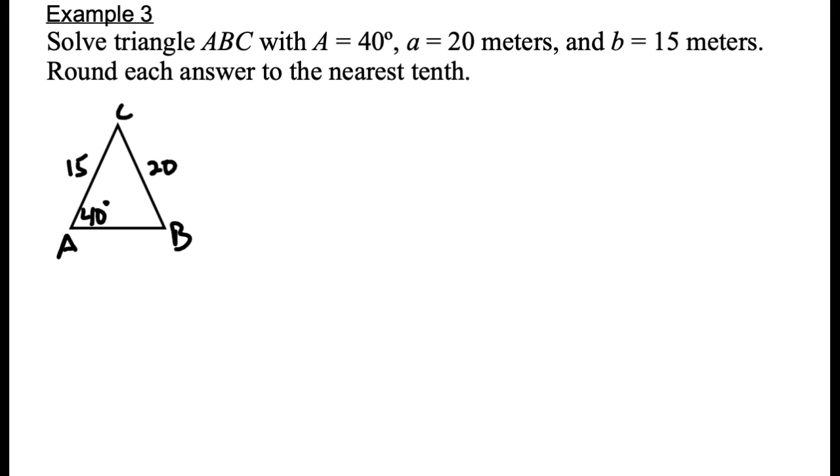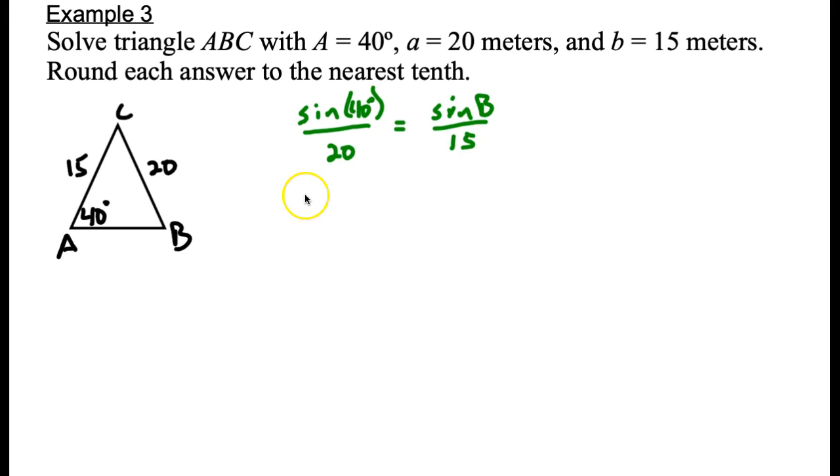So we can go ahead and start using law of sines, right? So I can say sine of 40 degrees over its opposite side, which is 20, is equal to, now in this case, I'm going to be solving for the sine of B first because I know its opposite side is 15.